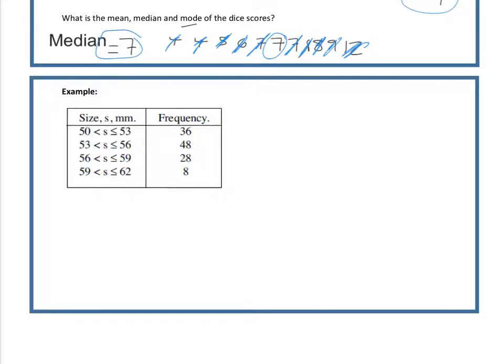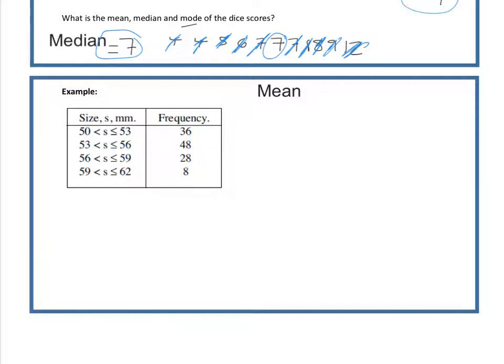So firstly we'll start with the mean, and what we have in this table are sizes in millimeters of some leaf lengths. So what we know is that 36 of these leaves were between 50 and 53 millimeters. We don't know how big those leaves were.